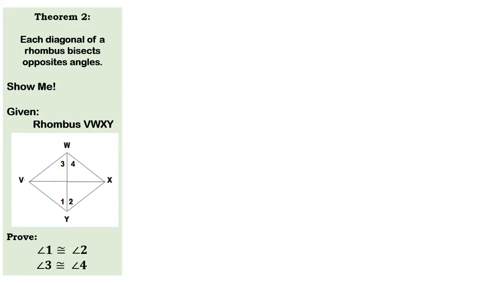Now let's prove theorem number 2, which states that each diagonal of a rhombus bisects opposite angles. We have here the given rhombus VWXY. Let us prove that angle 1 is congruent to angle 2 and angle 3 is congruent to angle 4.